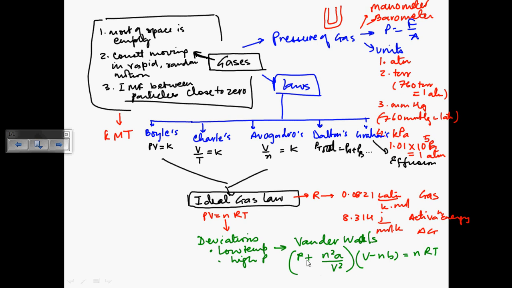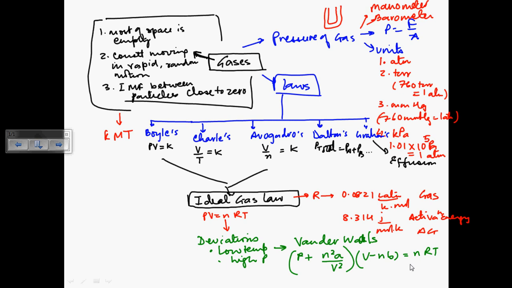So for real gases, you add a little factor to account for the loss of pressure due to intermolecular forces, and from the volume you take away a certain factor so that your real gases can be closer to ideal gases. This is the van der Waals equation. a and b are constants, and these can be experimentally calculated for each type of gas. Generally they are given to you. You need to know how to apply it in this equation.